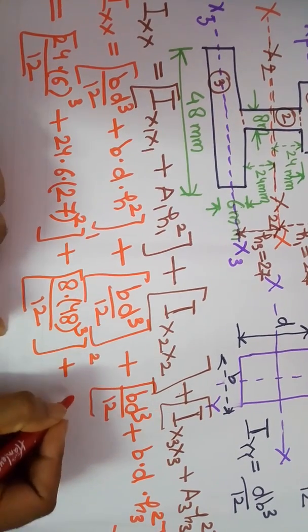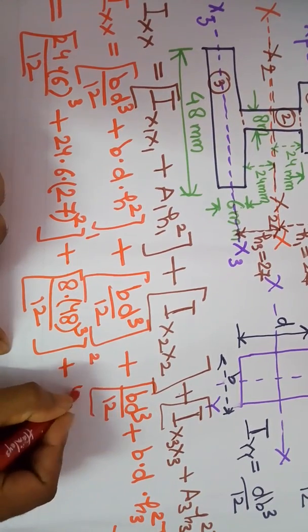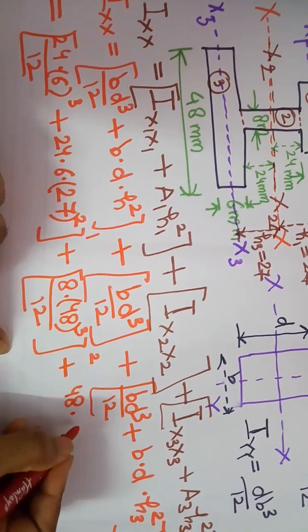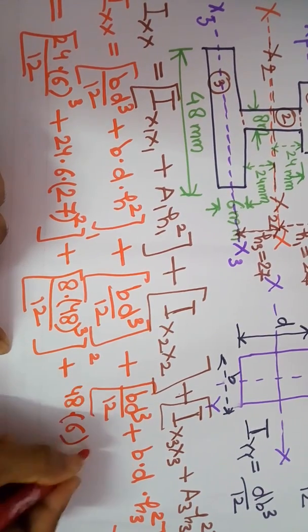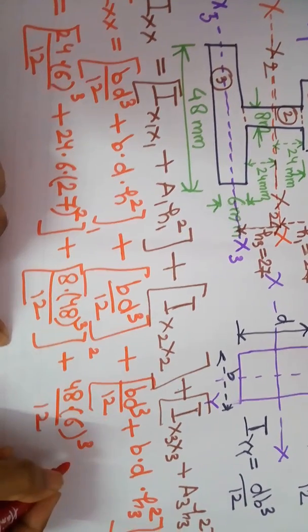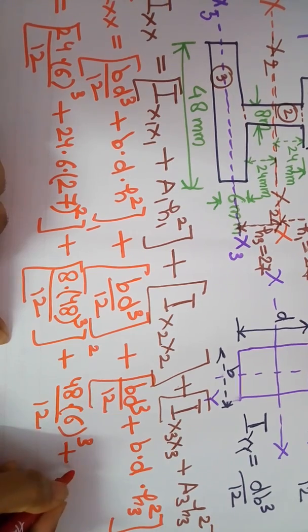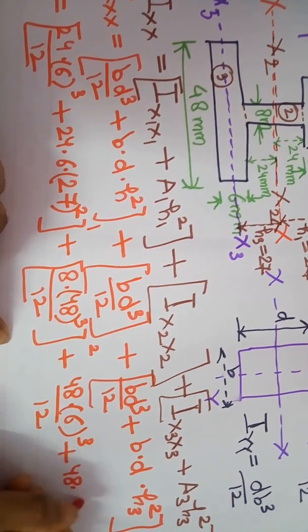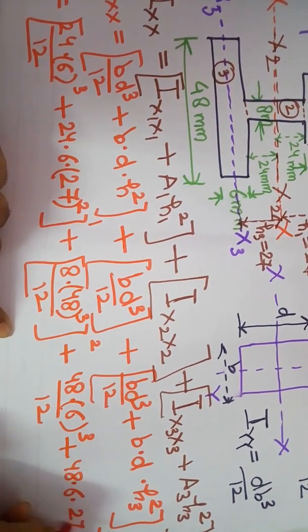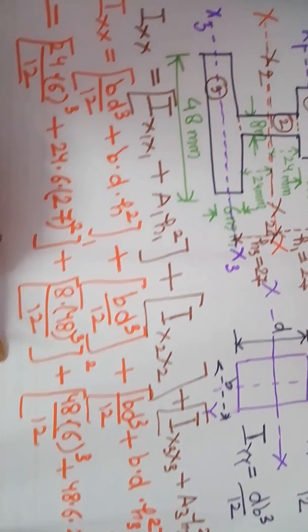For the third rectangular portion, b is 48 and d is 6: 6 cube by 12 plus 48 dot 6 dot 27 square. Then this bracket closes.